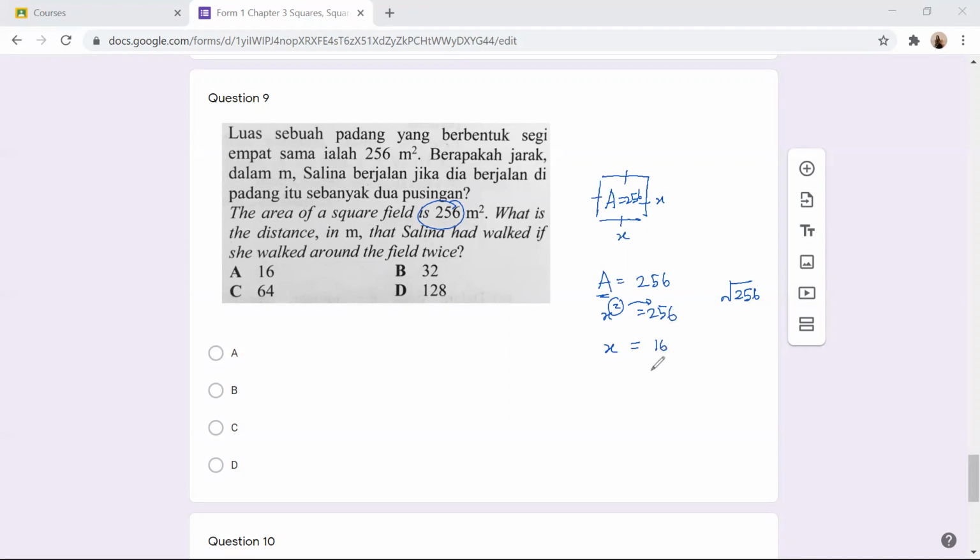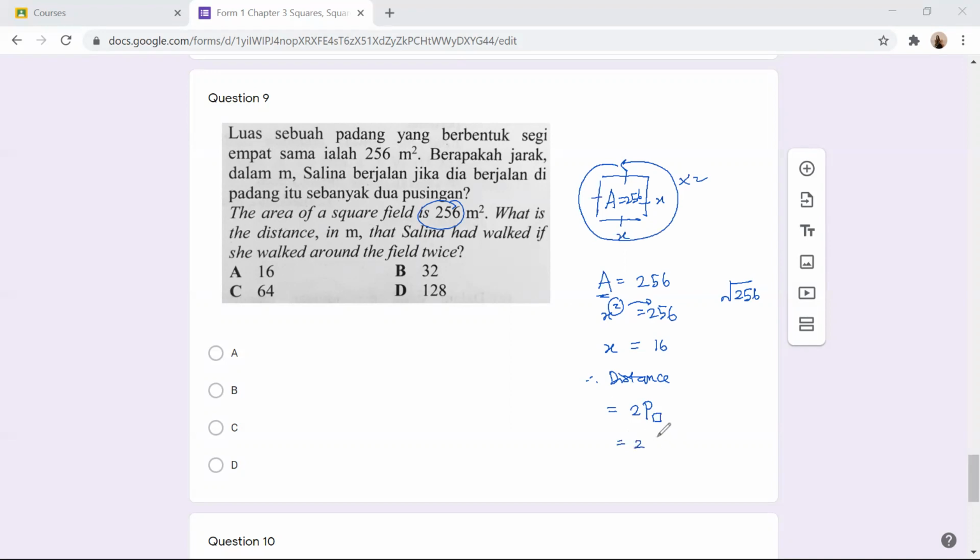Therefore, x is 16. And Selina walked around twice. So 1 time times 2. So isn't it she walked around the perimeter? Therefore, the total distance traveled will be twice of the perimeter of the square.